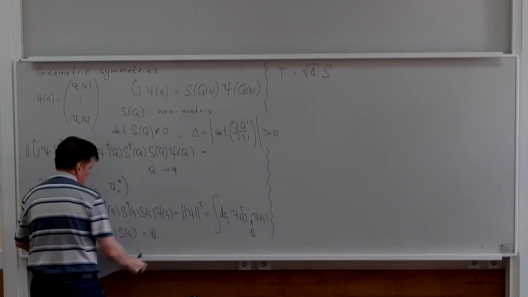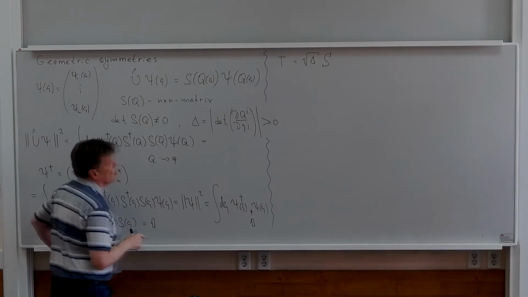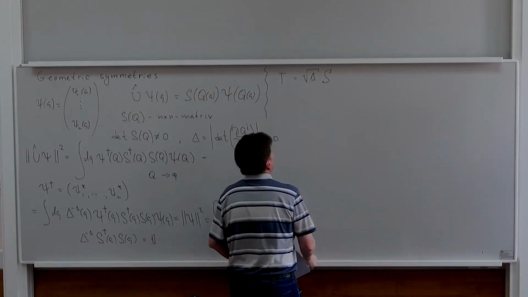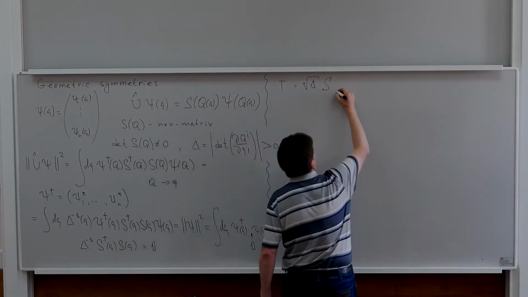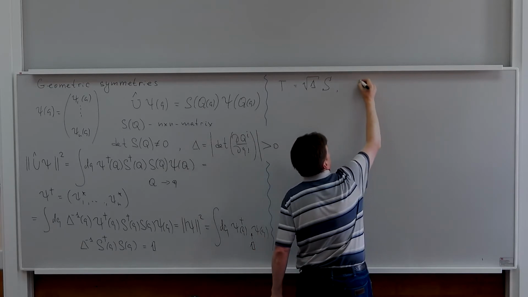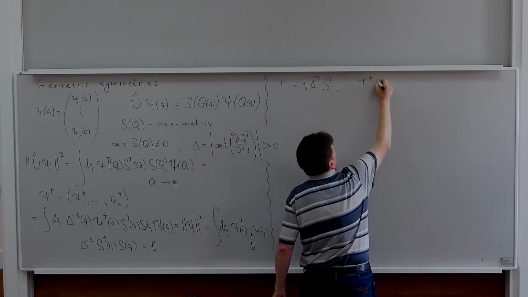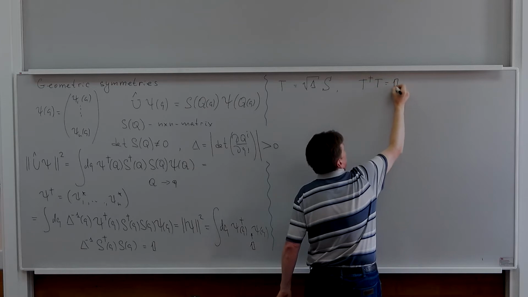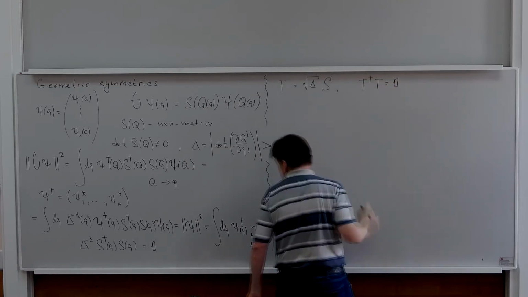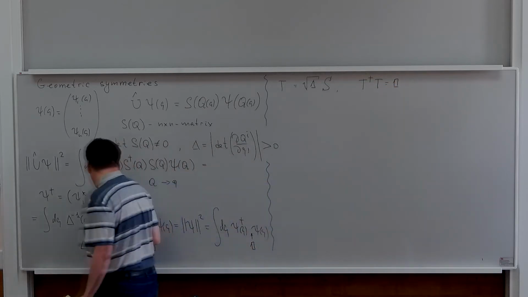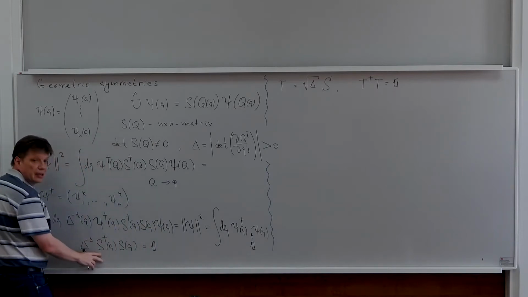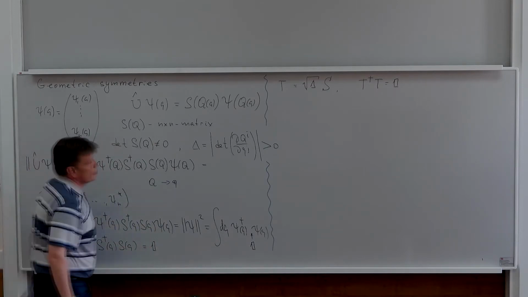Then it is quite clear that this condition is equivalent to the unitarity of this new operator T. So T dagger T is the unit matrix, provided that the matrix S satisfies this condition.